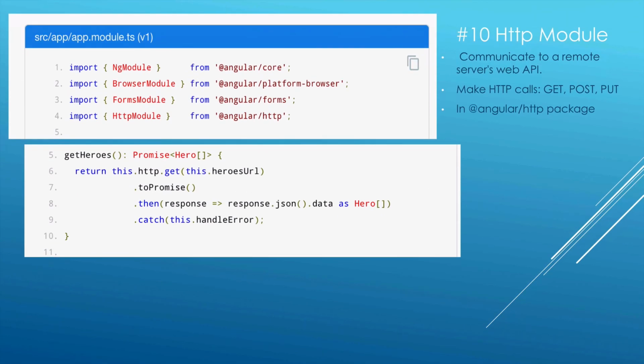And in many cases, your web application needs to communicate with, let's say, REST web services on a remote server to retrieve or submit data. The Angular HTTP module is what you need. The Angular HTTP module will assist you to make HTTP calls such as GET, POST, PUT, or DELETE.